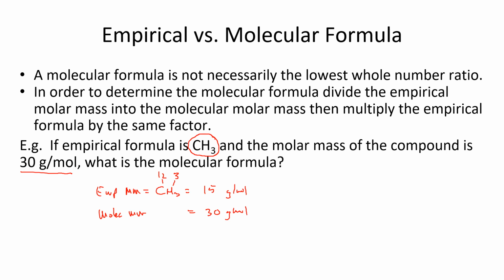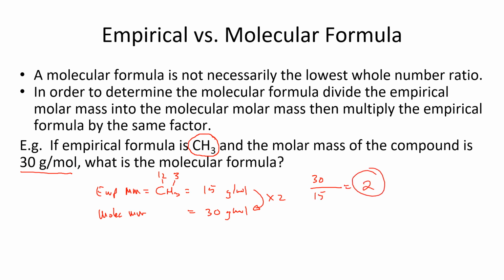So that means that the actual molecule is double the mass of the empirical formula. So what you do is you just figure out what the multiplier is here. Here it's easy to see it's times 2. If it's not easy to see right off the bat, just take the 30, the bigger one, the molecular molar mass, divide it by the empirical, and you'll end up with the multiplier.